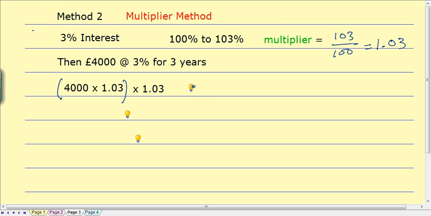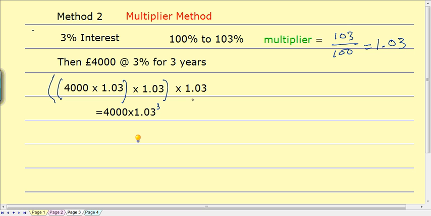And then again for the third year we grow what we have at the end of the second year, which is this whole figure here, by 1.03. So we end up multiplying 4,000 by 1.03 cubed. 1.03 times 1.03 times 1.03.